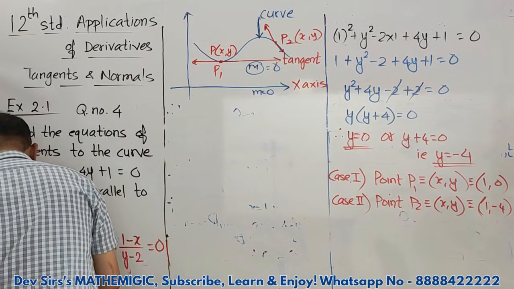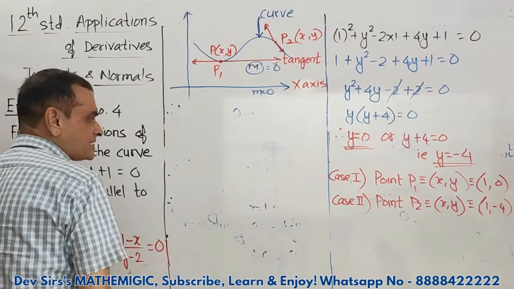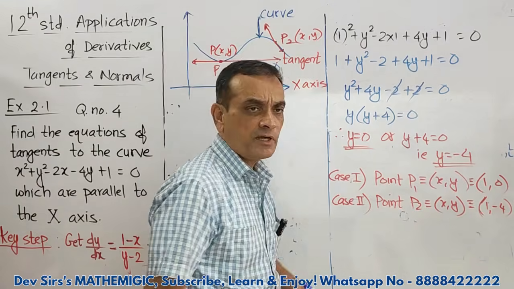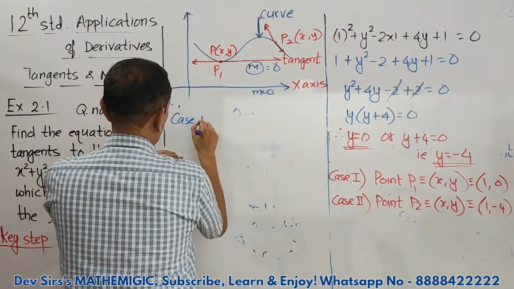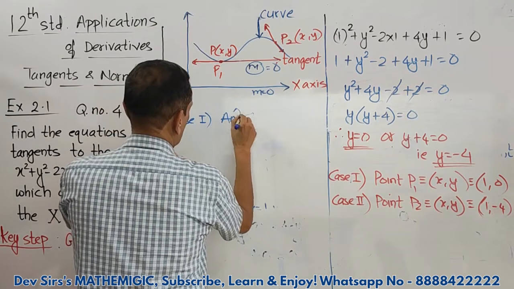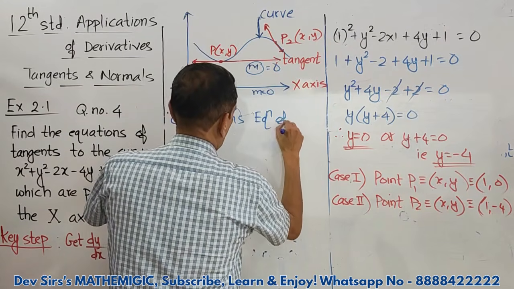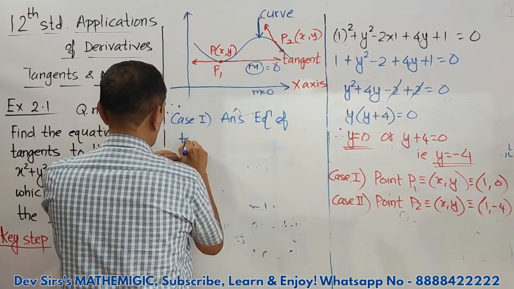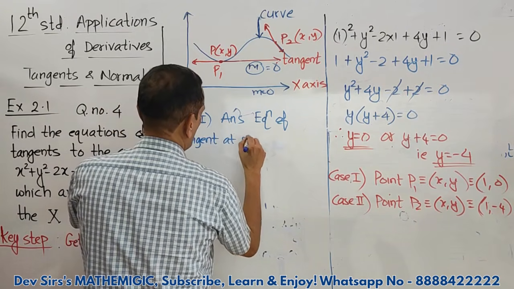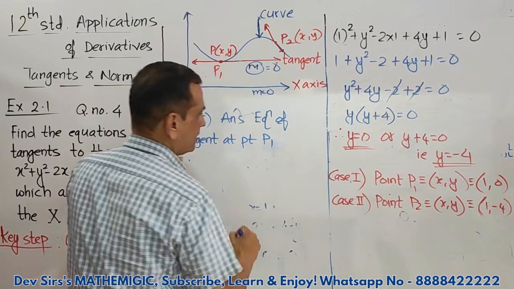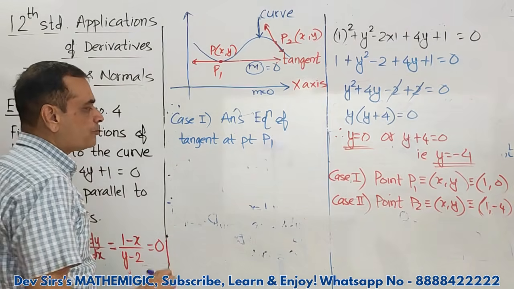Okay, so last few steps now. Case 1, equation of tangent at P1. Case 1 answer. Slope point form.